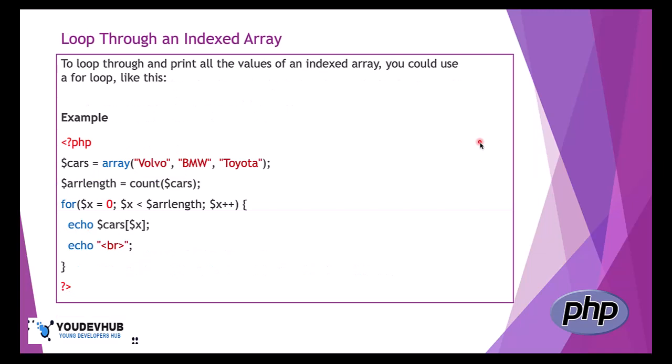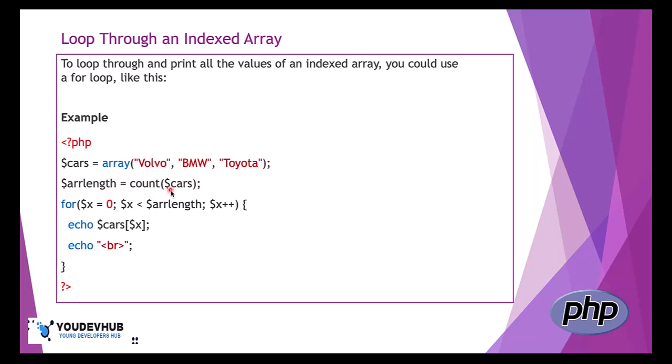Okay, so how do you loop through an indexed array? Right, to loop through, we can use a for loop and we can use a foreach loop. We showed you how to loop through an array using the foreach loop last time, but let's use a for loop this time around. Now you have an array of numbers and you have a variable called array length, which is to count the number of items that are there.